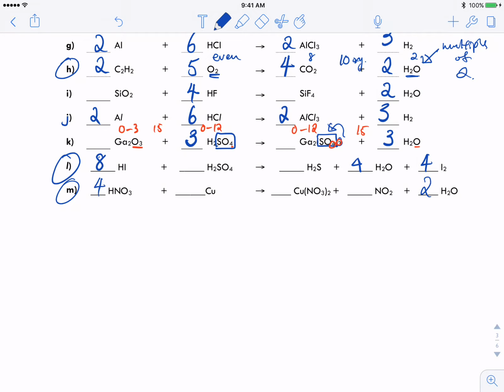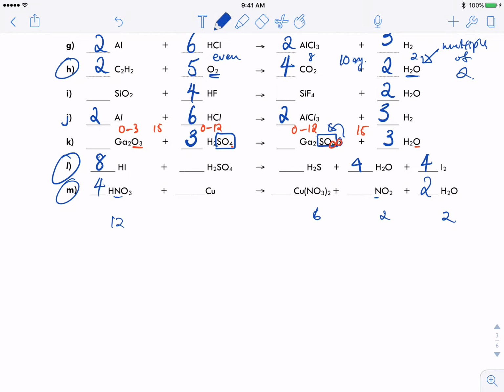How many oxygen do I have on the right hand side? 2 plus 2 plus 2 times 3, 6. So total I have 10 on the right hand side. Then there's 12 here. So to balance the number of oxygen, the nitrogen also not balanced.